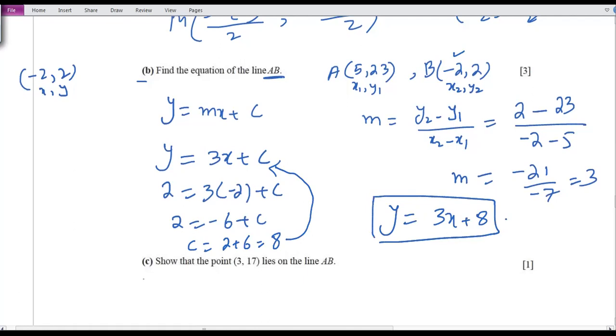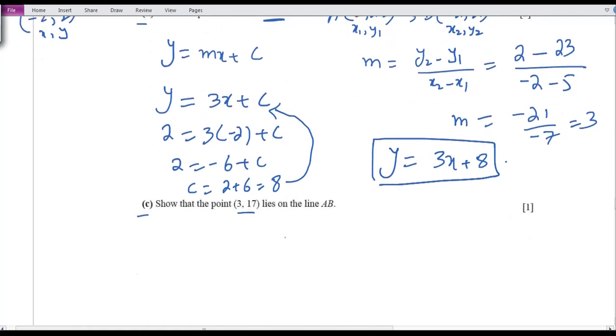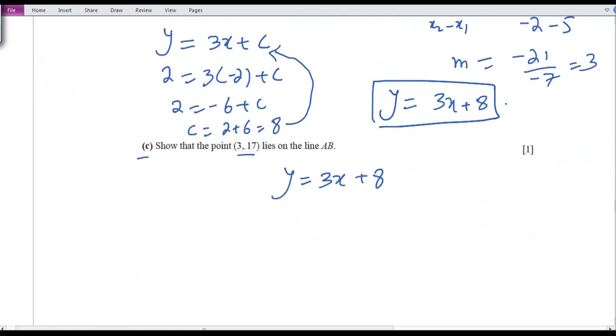Then part C is saying show that the point (3, 17) lies on the line. It is very easy to check. This is our line, we already made the line, 3x plus 8. To check whether a point lies on the line or not, I will put the point in this line, where this is x, this is y.